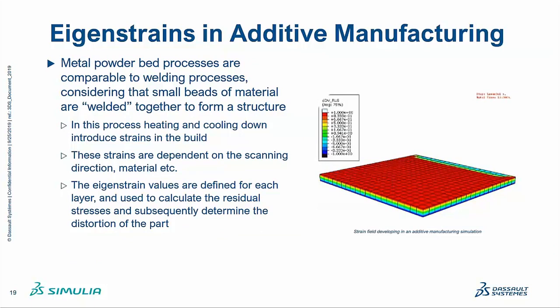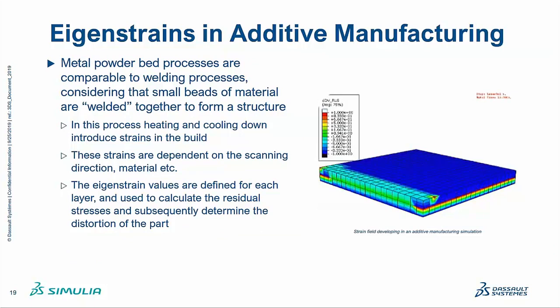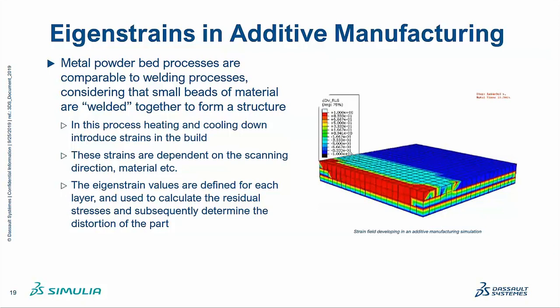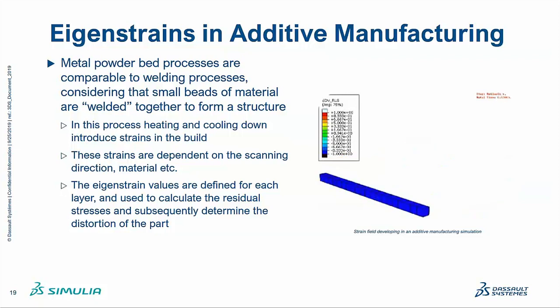Metal powder bed processes then are fairly comparable to welding processes because effectively there are small beads of material that are welded together to form a structure. And of course, as you can imagine, it will induce not just eigenstrains, but fairly large eigenstresses. The strains are, of course, dependent on the direction of the laser, the power of the laser, the material itself, and so on.